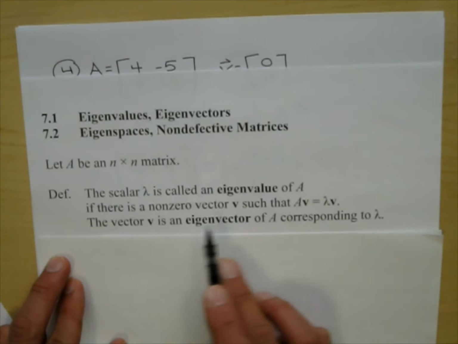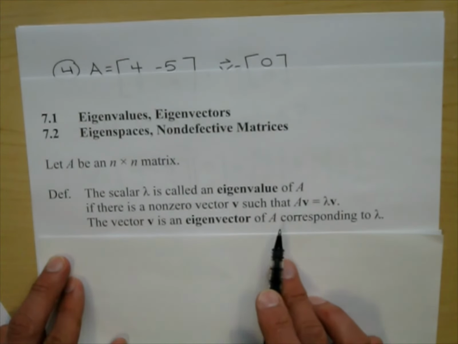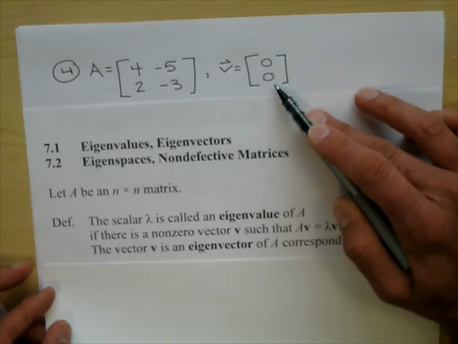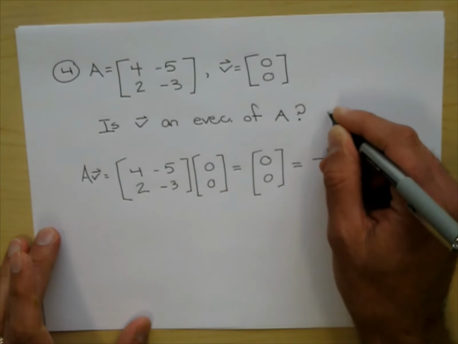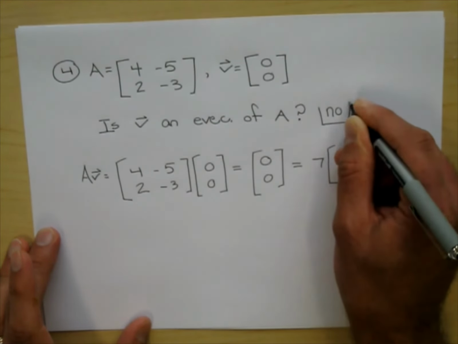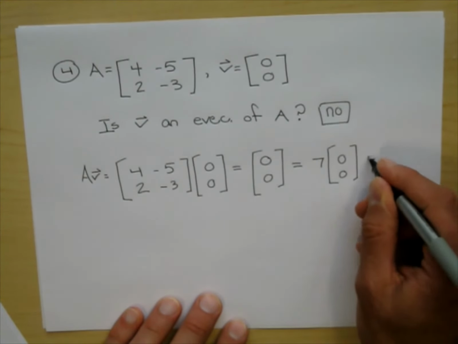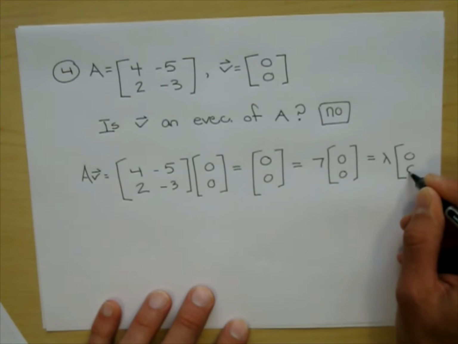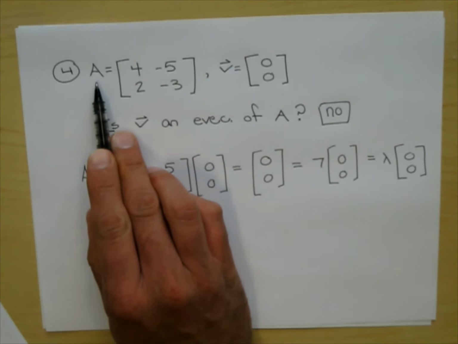We have an eigenvalue of A if there is a non-zero vector V. So this vector V has to be non-zero, and right away, since this was a zero vector, if we had remembered the definition, we could have just gone to the answer no. Because if they allowed zero vectors, it would allow your eigenvalues to be any eigenvalue. So you can point to any square matrix and say, oh, its eigenvalues are all the real numbers.